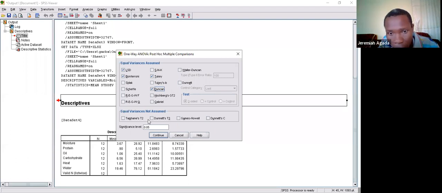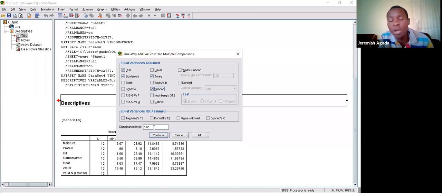Then, okay, look at my significance level. At what significance level? That was what I was talking about yesterday. 95% confidence interval, 99%, depending on what you are doing. So my significance level here is 0.05. Remember, I said yesterday that when your level of significance is less than or equal to 0.05, your mean difference shows there's a significant difference. But if it is greater than 0.05, there is no significant difference.